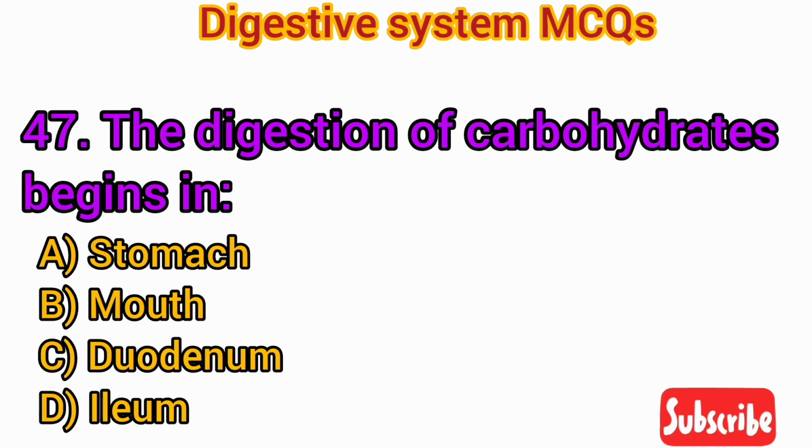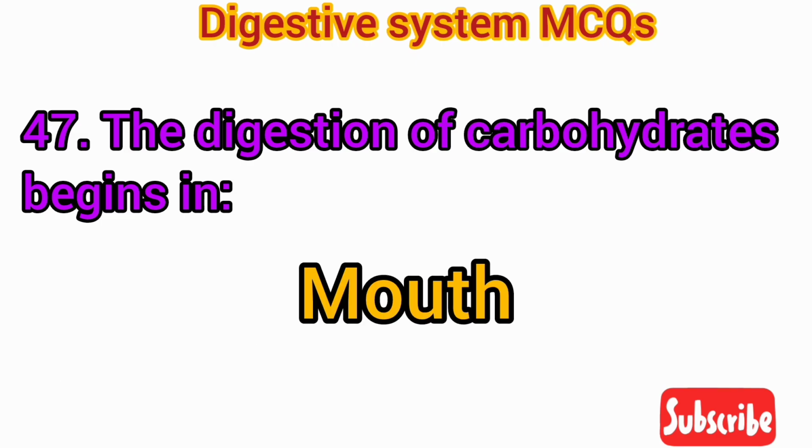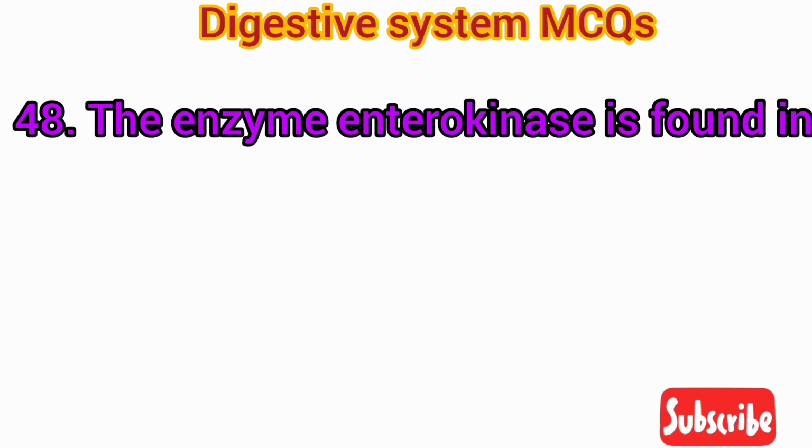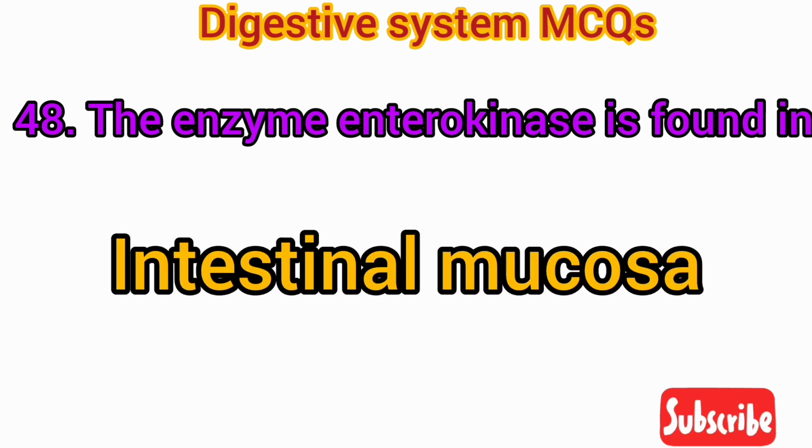The digestion of carbohydrates begins in... mouth. The enzyme enterokinase is found in... intestinal mucosa.